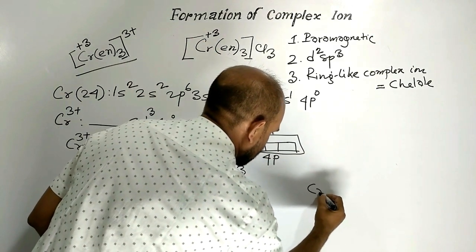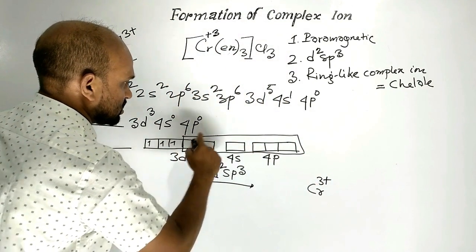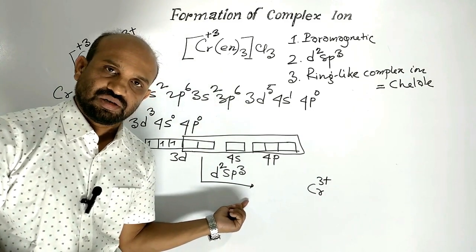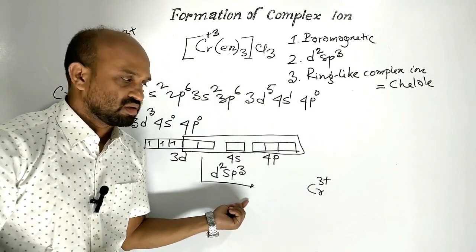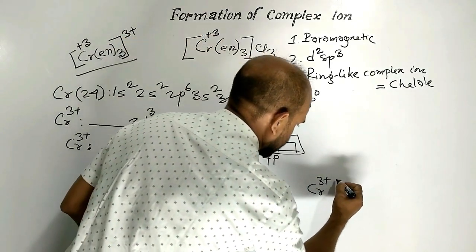Here total 6 orbitals take part in hybridization, and after hybridization total 6 orbitals will be formed.